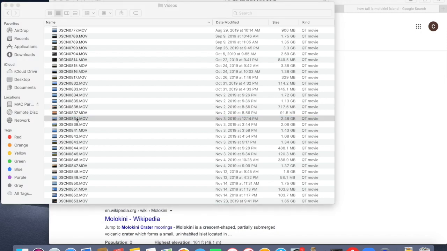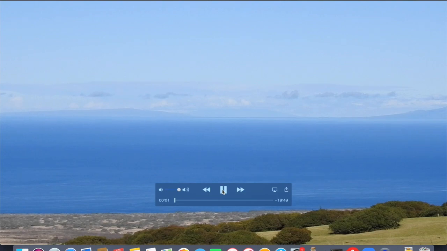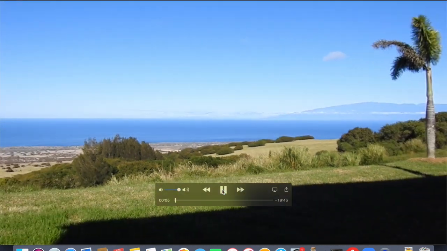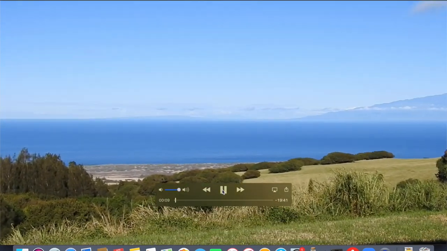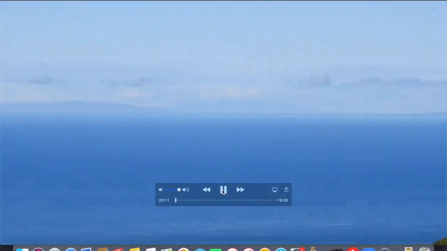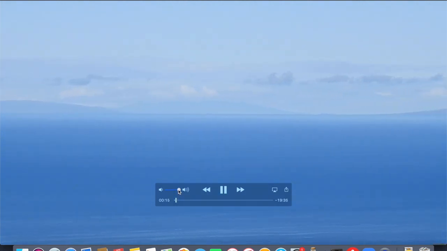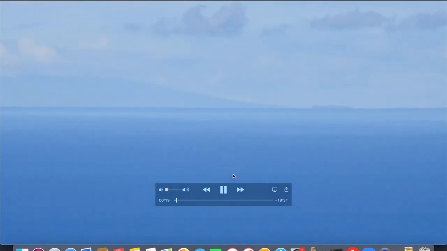It's the same place, different time of day. It was in the middle of the morning. Again, Kahoolawe on the left, Lanai with its top hidden between the clouds, and Molokini.